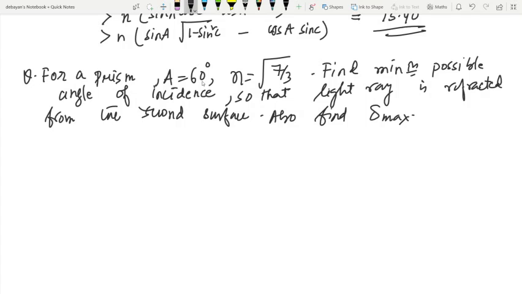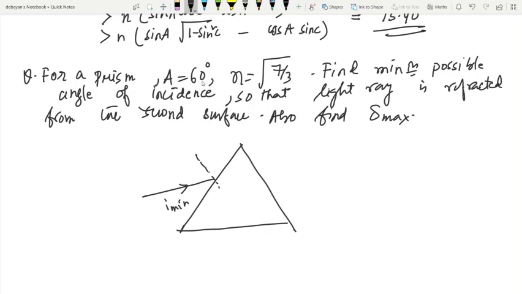So what we can take, if we take this as the corresponding prism, this is the I minimum, and of course it will be passing through this.